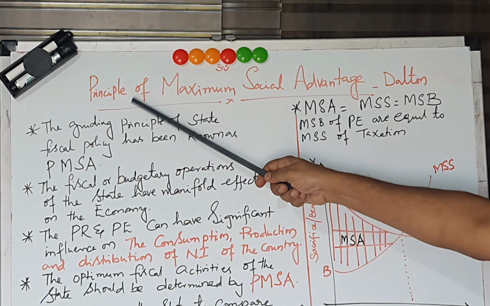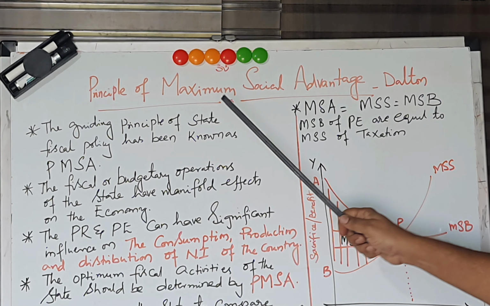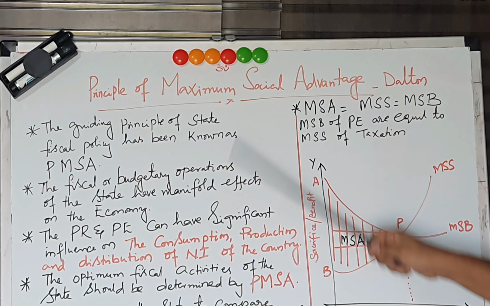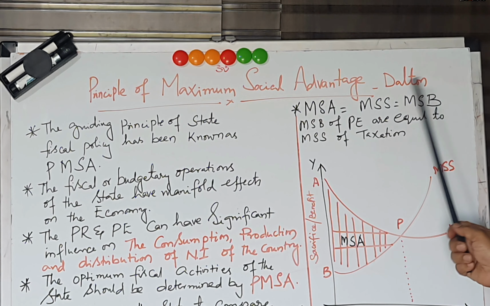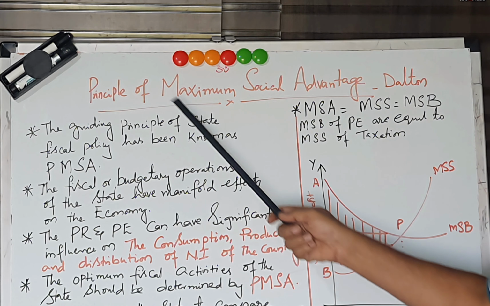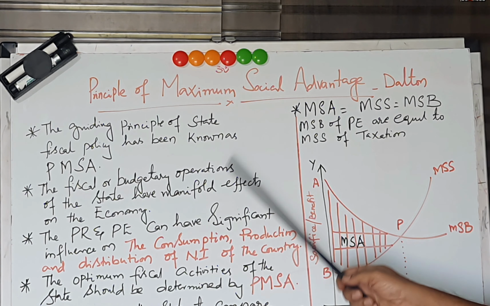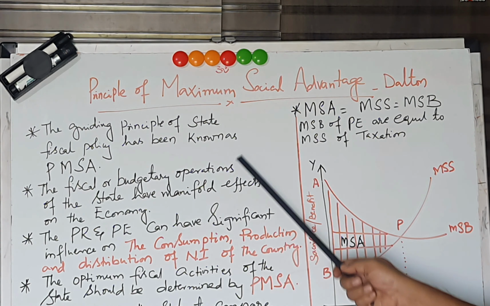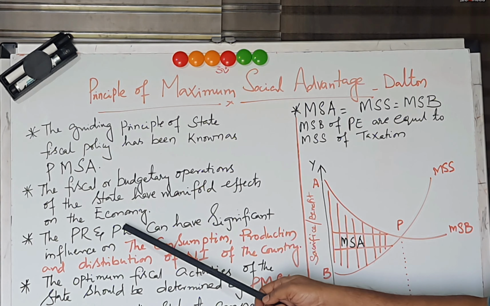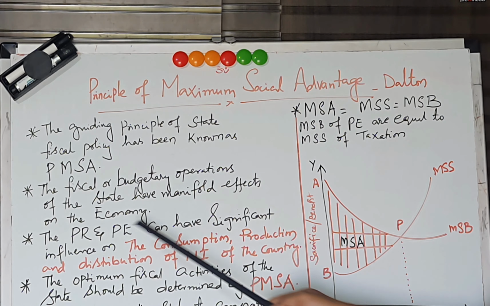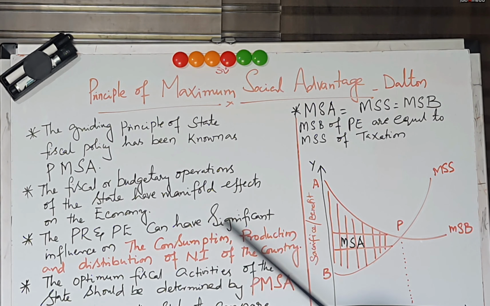So the guiding principle of government policy in public finance is maximum social advantage. It was advocated by Dalton. It is the guiding principle of state fiscal policy. The fiscal or budgetary operations of the state have manifold effects on the economy. Public revenue and expenditure can have significant influence on the consumption, production, and distribution of the national income of the country.